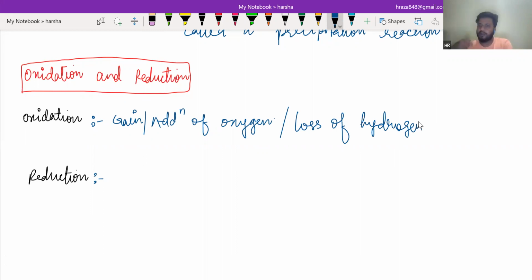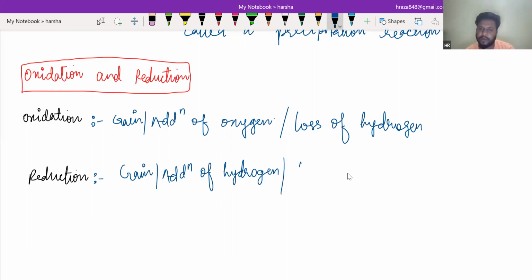Whenever there is a reaction in which one of the components of the reactant gains oxygen, it will be called oxidation, or loss of hydrogen will also be called oxidation. And what about reduction? Reduction is gain or addition of hydrogen, and another definition, loss of oxygen is called reduction.